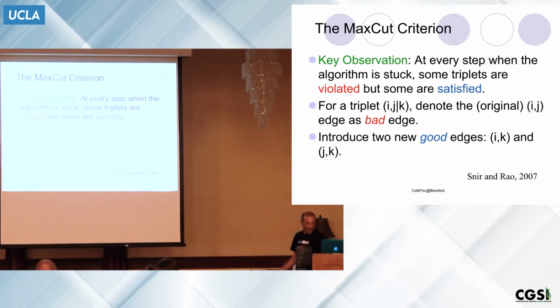Now, the min cut for triplet ijk denotes the original edge, the original ij edge. You remember, we entirely ignored k, but we looked at i and j. We call it a bad edge that we don't want to cut. If we cut it, we violate that triplet. However, we introduce 2 new good edges, ik and jk. Why good edges? These edges are the edges that we want to cut.